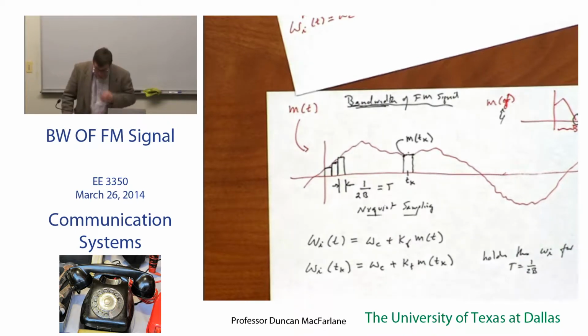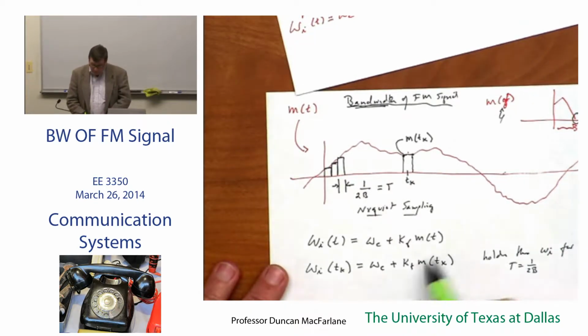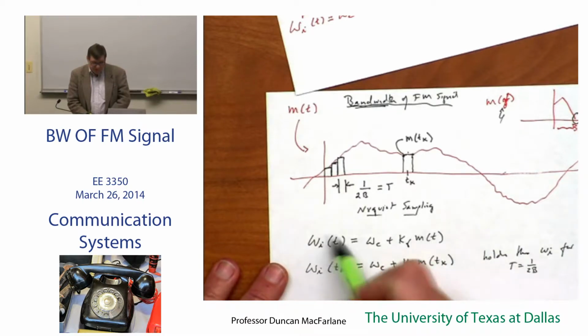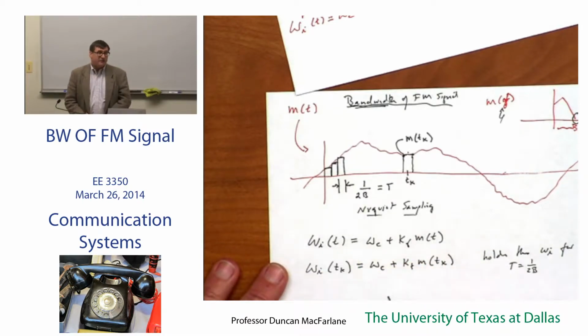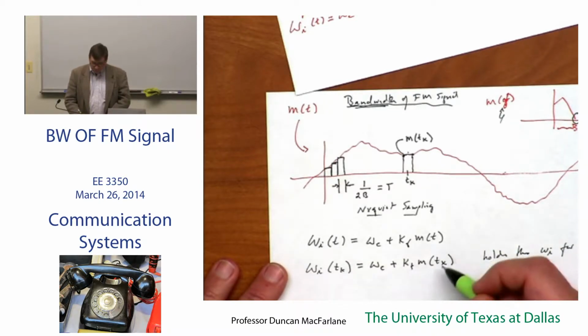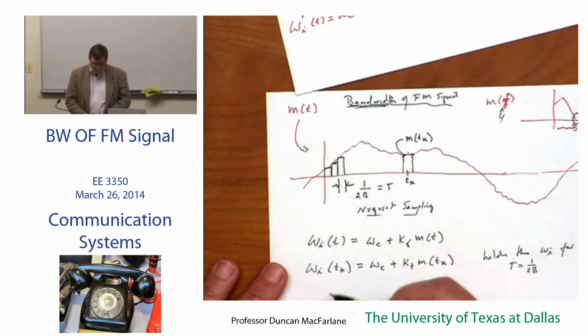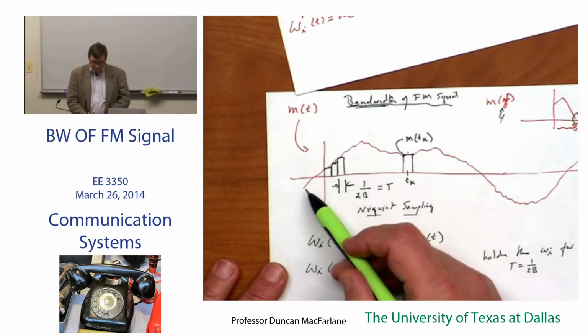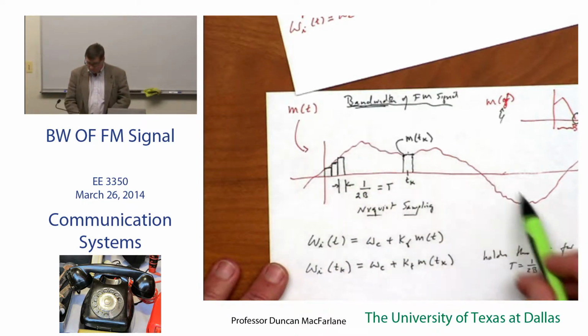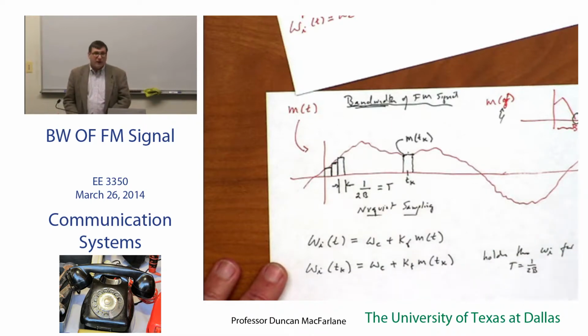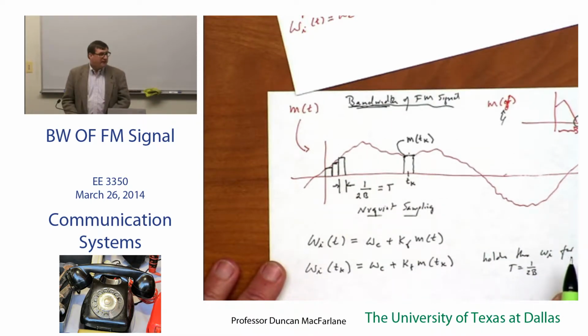And so if I think about this, however big m of t is, then the instantaneous frequency will be bigger. So this instantaneous frequency is going to roll up and down, depending on what my message signal is doing.